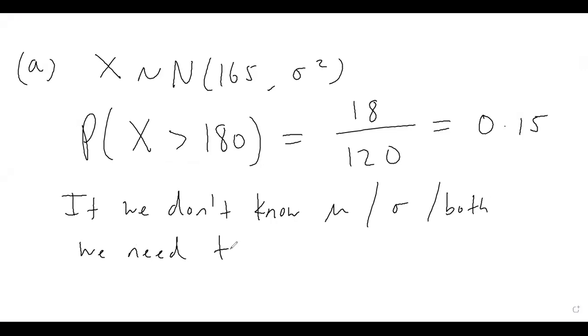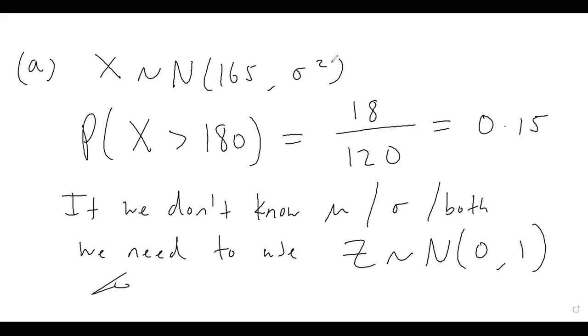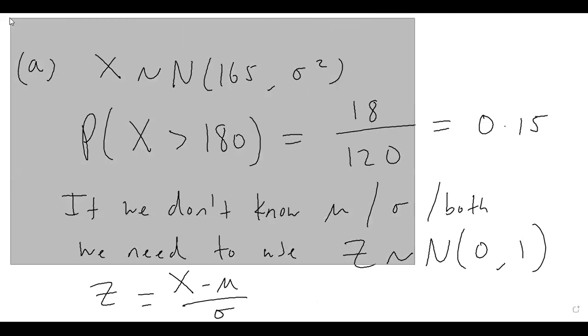So we need to use our Z distribution, which is a normal distribution with a mean of 0 in the middle and a sigma of 1. And remember our key formula to do that. So what was our key formula? It is that Z, the Z distribution, is equal to your normal distribution, take away the mean, divided by sigma.